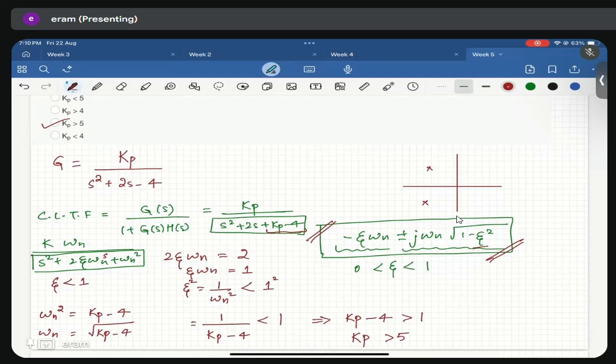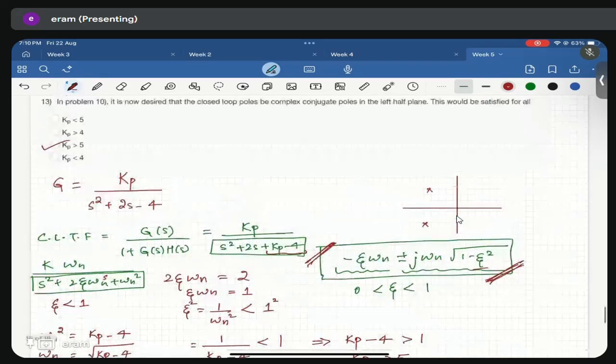It will work in every question, because that solution is only coming from the fact that zeta is between 0 to 1. Then only we have roots like this. If you find out the derivation of this root, that is only derived from that concept only.